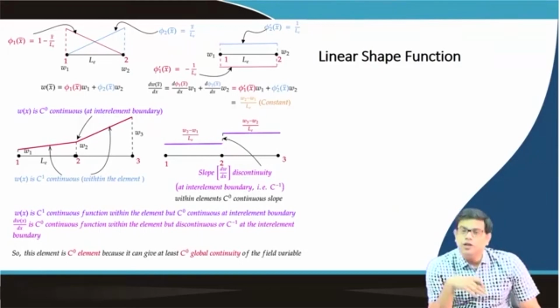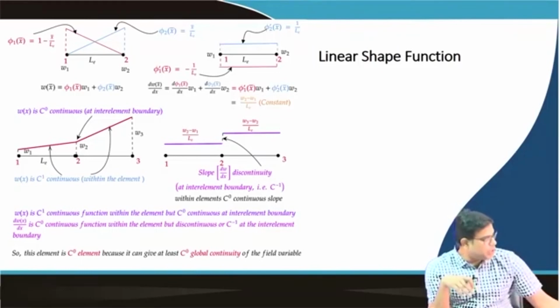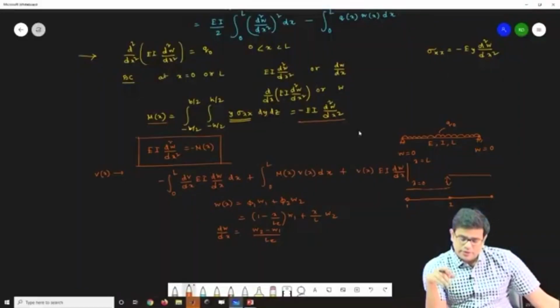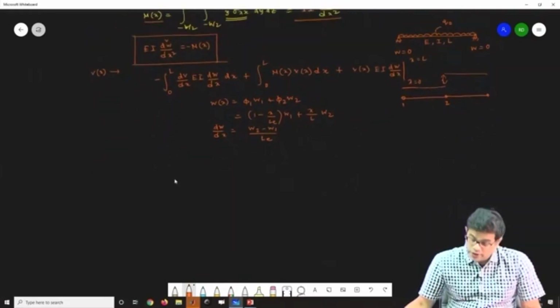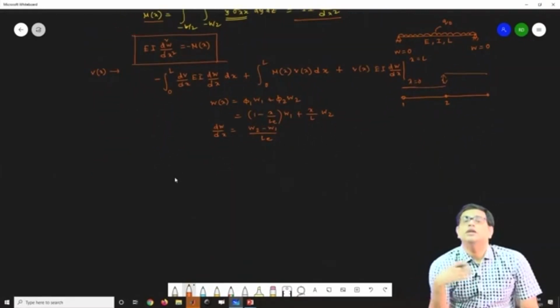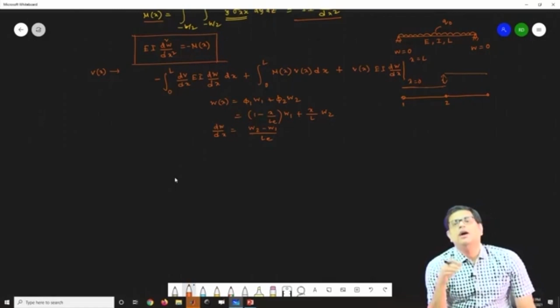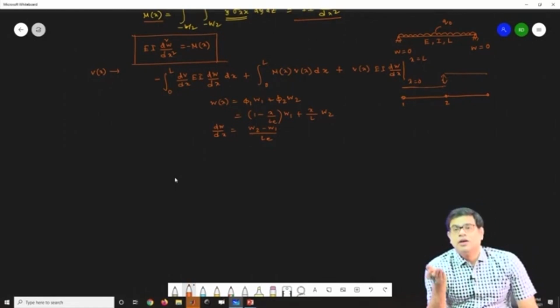and so we generally don't do beam formulation with this. Now sometimes we may argue that instead of only slope, why not displacement also be interpolated in terms of a linear polynomial like a Lagrange polynomial.